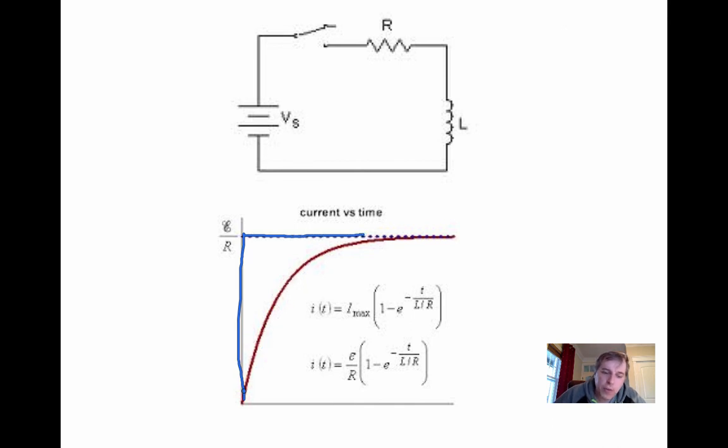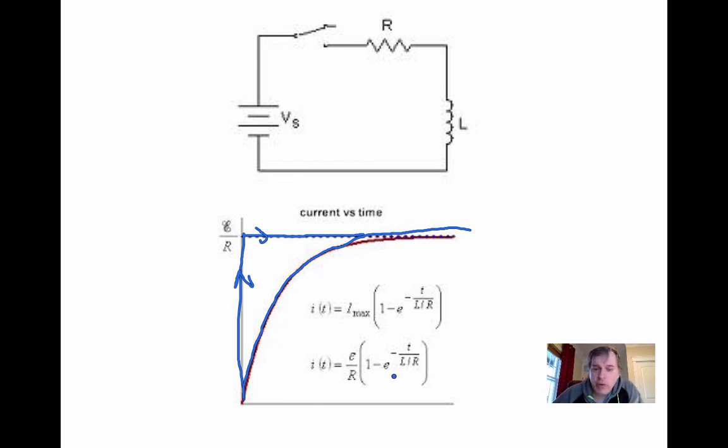Because of the inductor, when you close the switch, it offers a lot of resistance, and then the climb is much more gradual, and eventually you reach E over R. This is the curve when you have an inductor. This curve, jumping right to this value and then being constant, is the curve when there's no inductor.